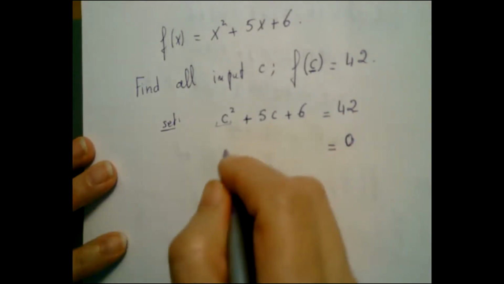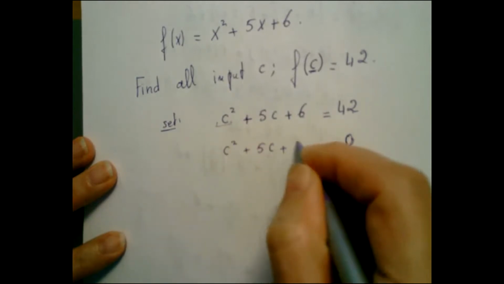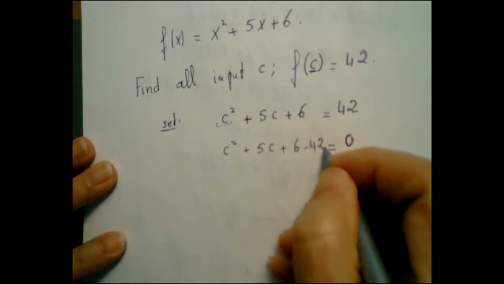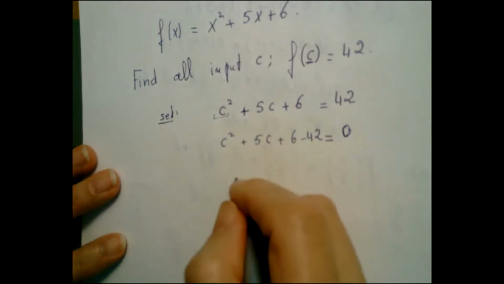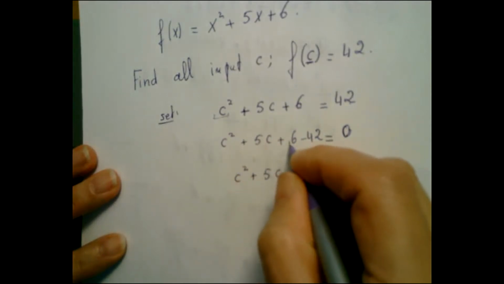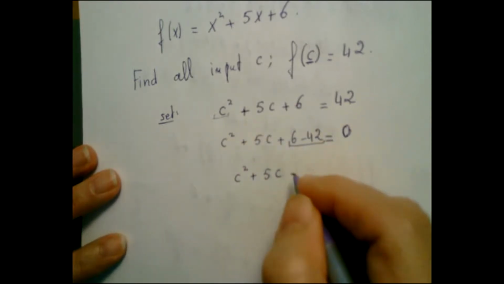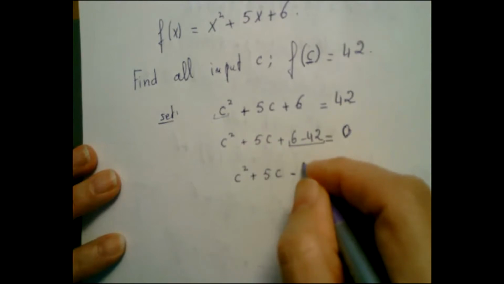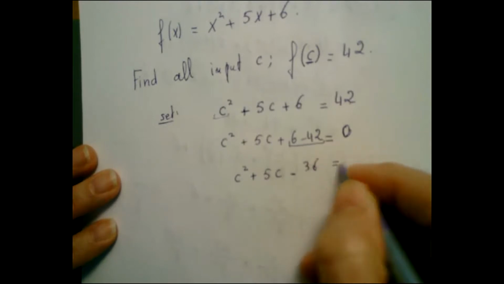That will give me plus 6 minus 42. So this will give me c squared plus 5c, and now 6 minus 42 will give me how much, quickly? Anybody? Negative 36. Negative 36 equals 0.